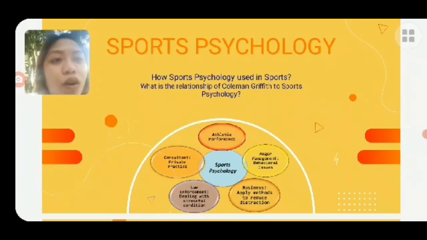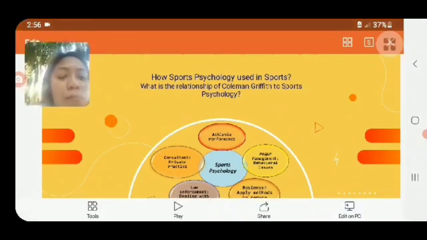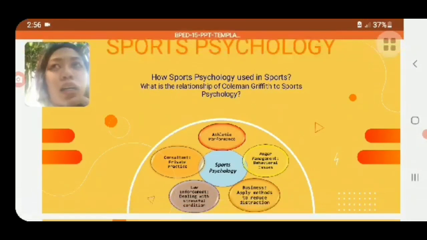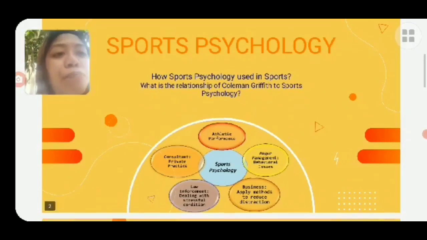It consists of athletic performance, anger management, behavioral issues, business, applying methods to reduce distraction, law enforcement, dealing with stressful conditions, consultant, practice. These are the things that we would be able to understand regarding sports psychology.